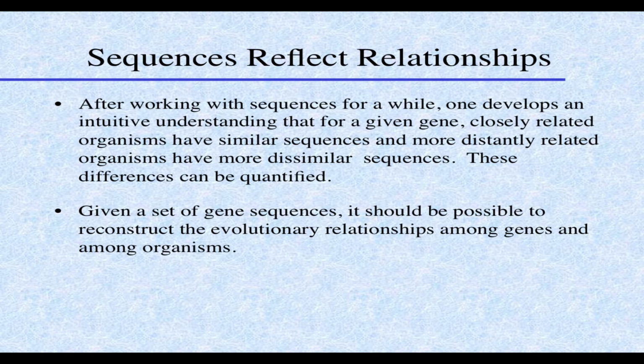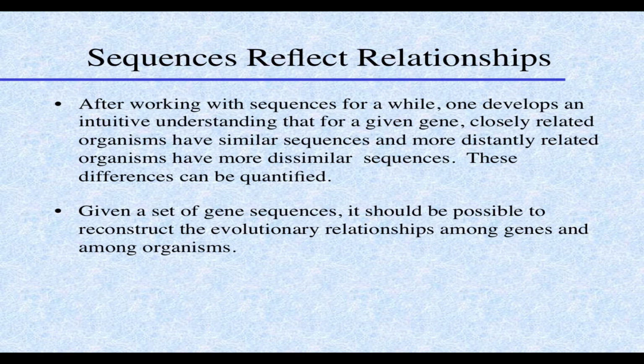Okay, so the sequences obviously reflect the relationships of the organisms, or at least they reflect the relationships of the sequences. They have distances from each other. They also have perhaps patterns of large-scale sequence changes. And you get an intuitive feel for that if you work with sequences for a while. You do a lot of BLAST searches.